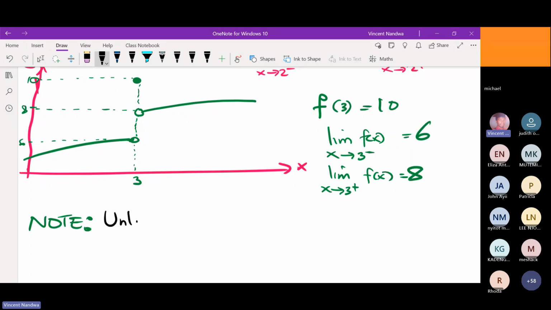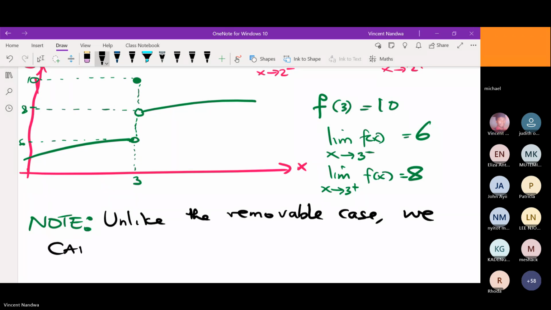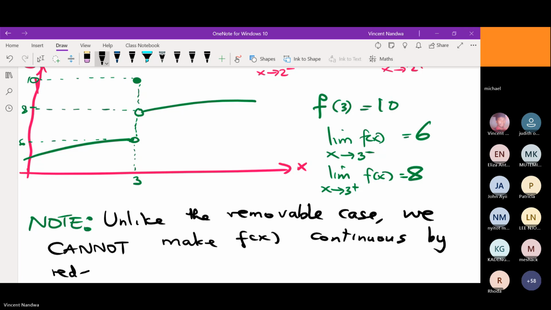So unlike the removable case, we cannot make f of x continuous by redefining f of c.